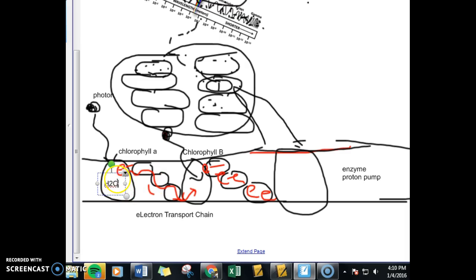So really, H2O is made up of hydrogen, which is one proton and one electron, and I've got oxygen, right? So this photon hits it, splits the molecule. What gets released? The oxygen gets released, right? And hydrogen then donates an electron.